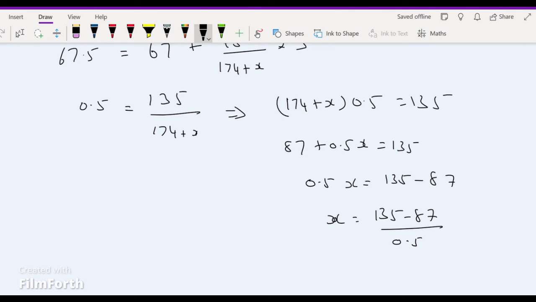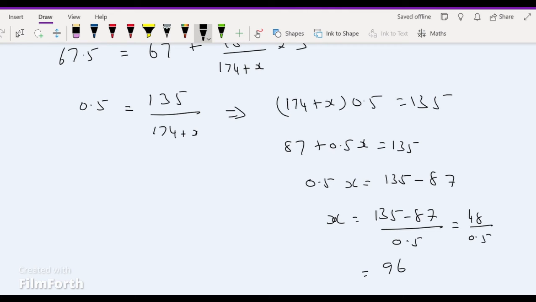So x equal to 135 minus 87, the whole divided by 0.5. 135 minus 87 is 48, divided by 0.5. So in this case 96.